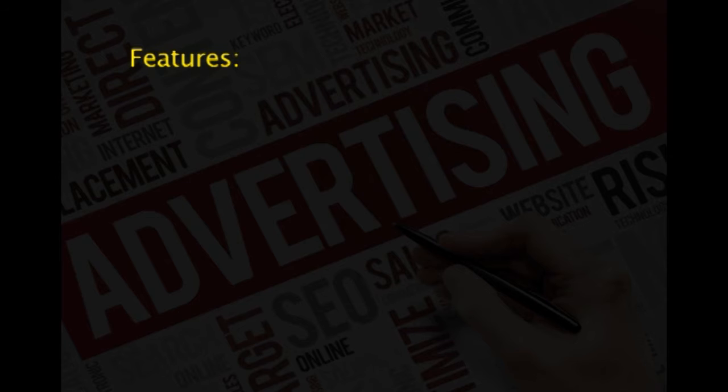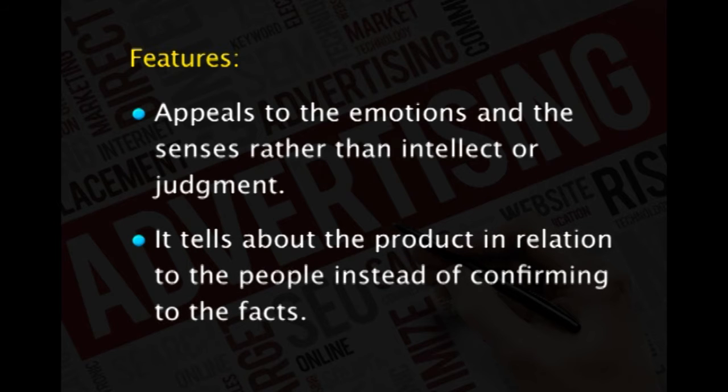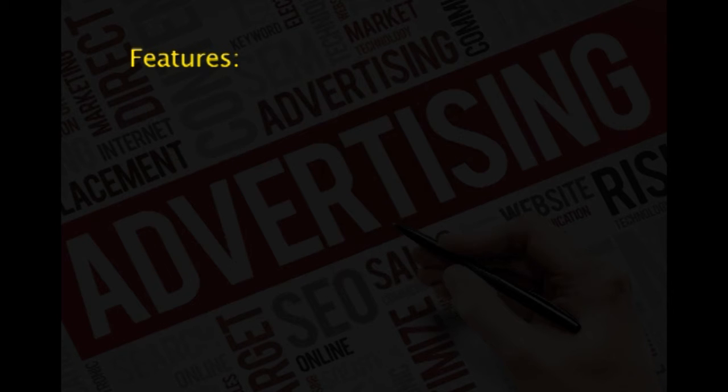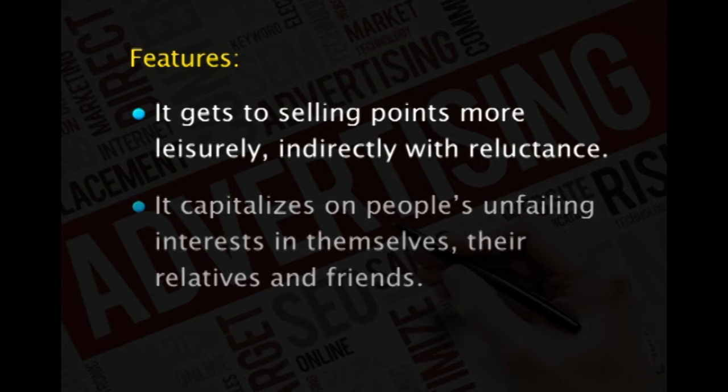Its features are: appeals to the emotions and the senses rather than intellect or judgment. It tells about the product in relation to the people instead of conforming to the facts. It gets to selling points more leisurely, indirectly with reluctance. It capitalizes on people's unfailing interest in themselves, their relatives and friends.